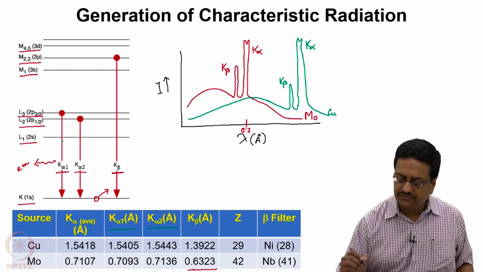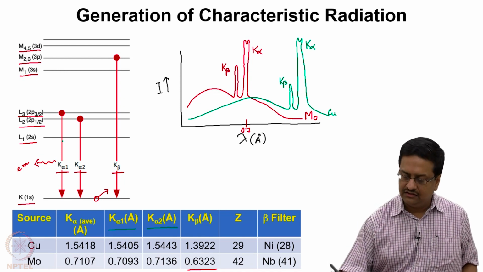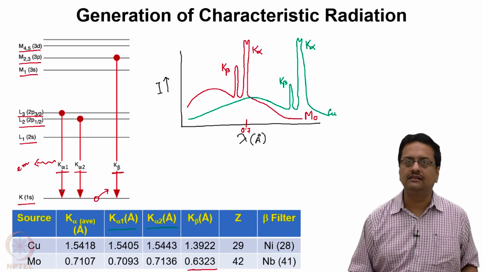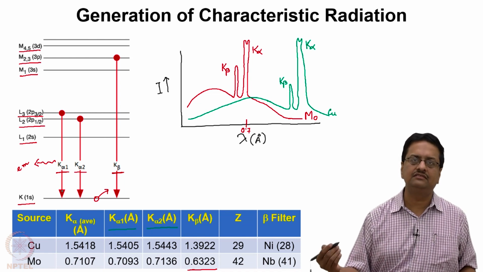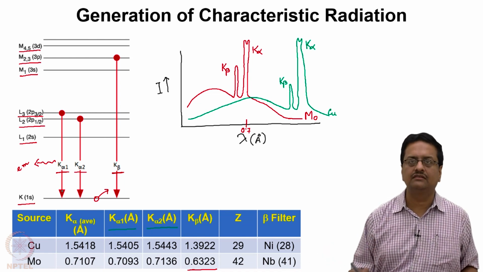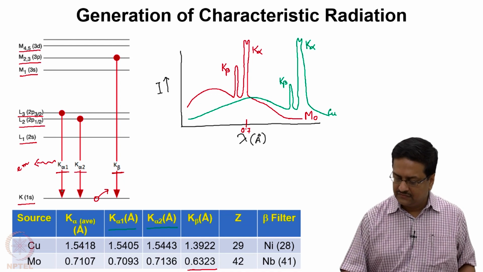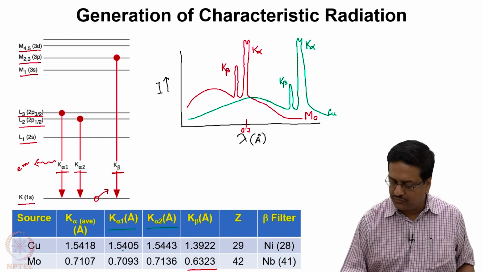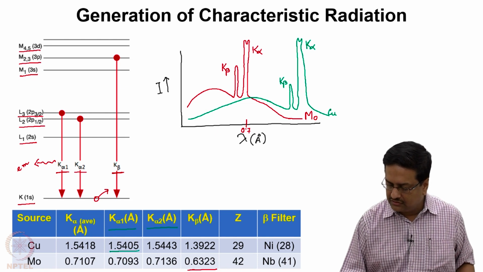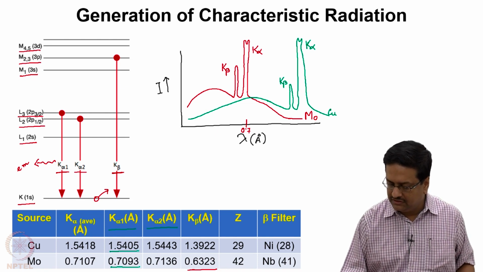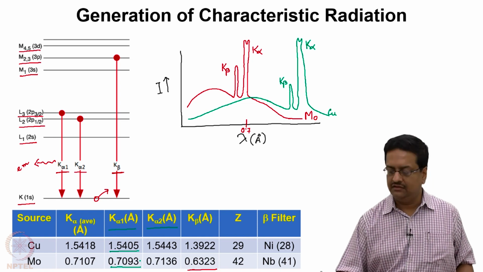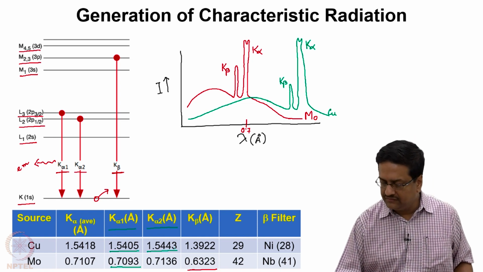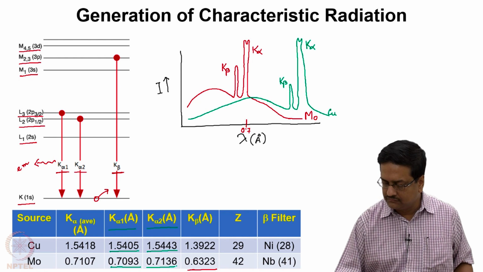As we see on the left hand side figure, alpha 1 has higher energy, which means a smaller wavelength. So alpha 1, if you see for both copper and molybdenum, the wavelengths are smaller than the corresponding wavelengths of alpha 2.